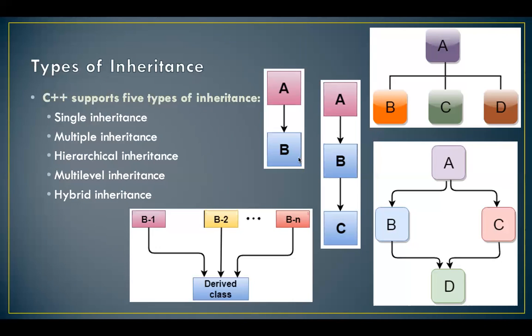But in this type of scenario, where we have multiple paths to go from the very base class to the derived class, that comes under the category of multi-path inheritance. Okay. So one category of hybrid inheritance could be called multi-path inheritance.